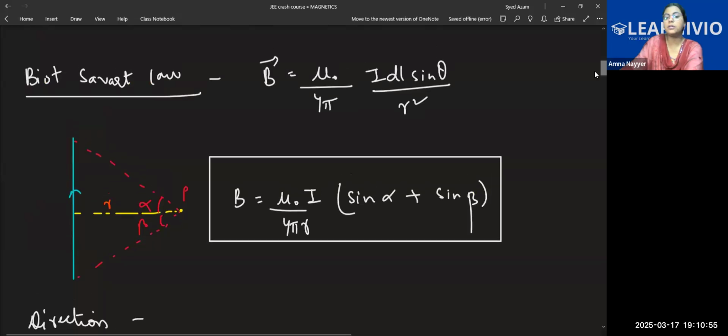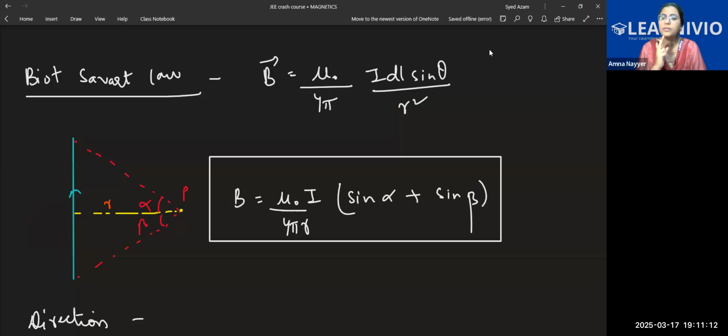Now coming to Biot-Savart's law. Biot-Savart's law says that if there's a current carrying wire, when current is flowing, a magnetic field is produced.